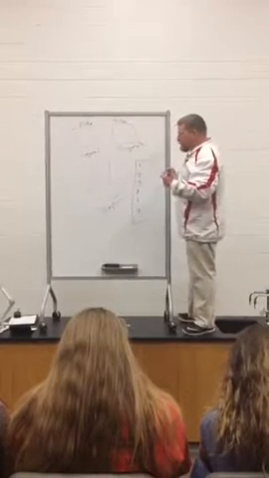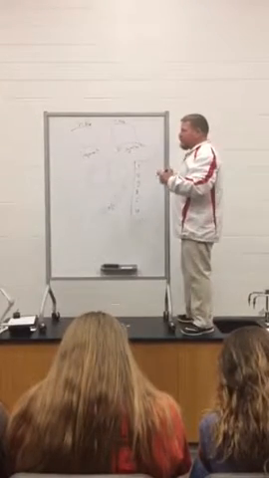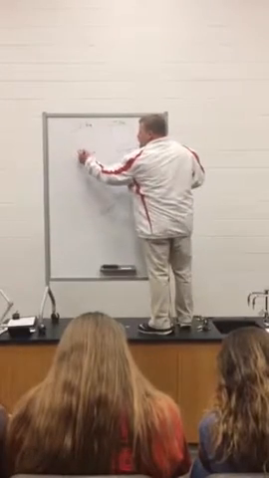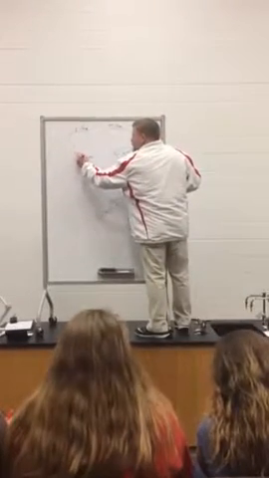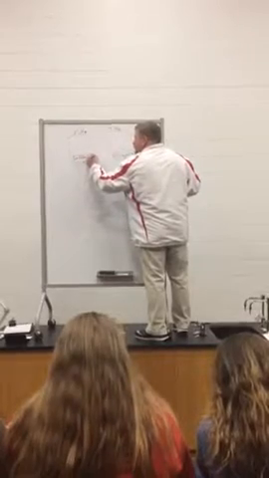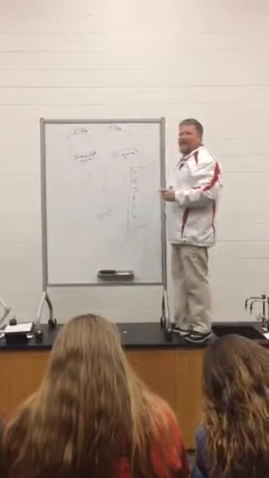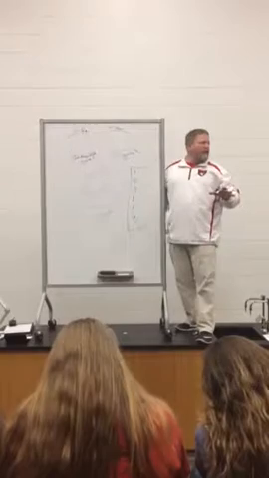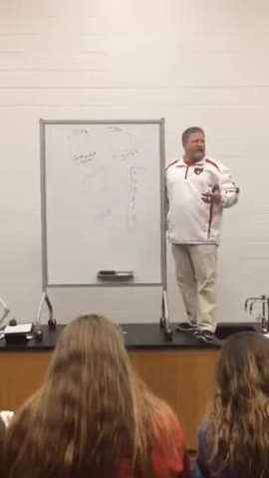Now, a little throwback here to freshman level graphing. On the x-axis, remember we have an independent variable. Very often that is time or time related. Not always, but most often it's time related.